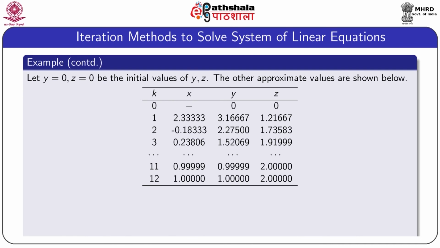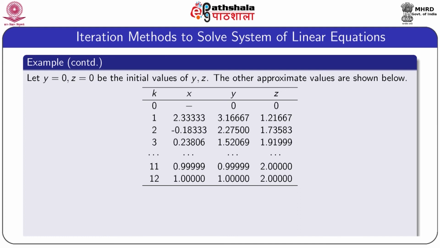Here also we take y equal to 0 and z equal to 0 as the initial values of y and z, and the other approximate values are shown in the following table. See that the 11th iteration and 12th iteration are almost the same. That means we can conclude that the iteration scheme converges to a root.